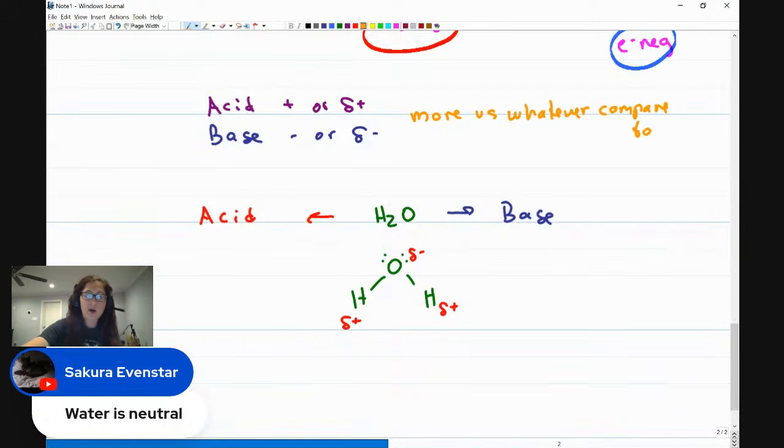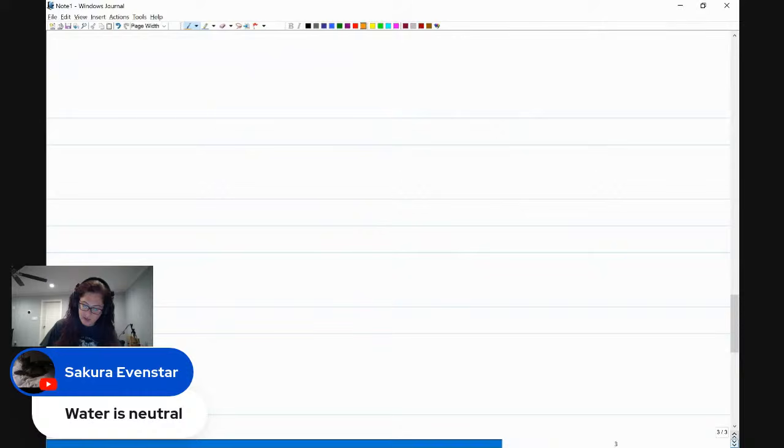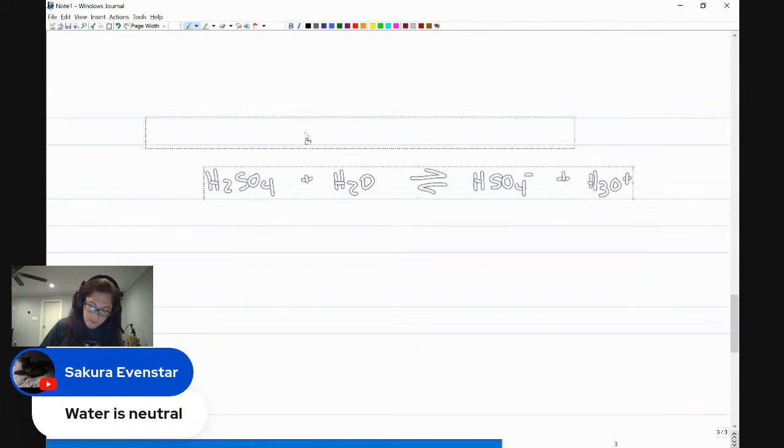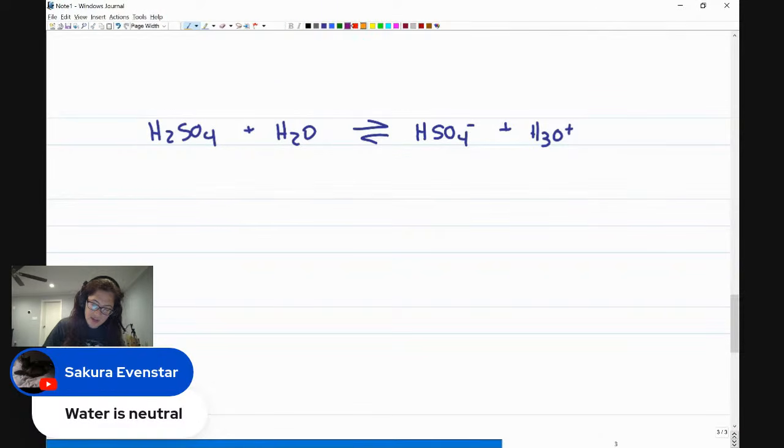So let me show you a couple of reactions to help you make sense of what I just shared. Let's start with a reaction that looks like this. If I have H2SO4 reacting with H2O in equilibrium with HSO4 minus and H3O plus, we already said that H2SO4 is an acid. And when an acid reacts with something, we get an acid-base reaction.